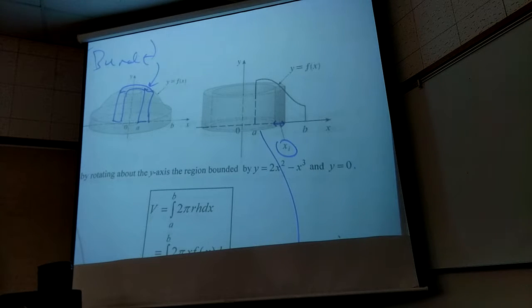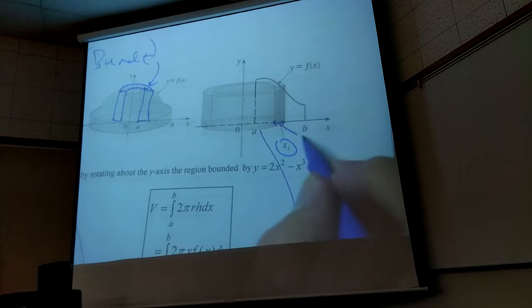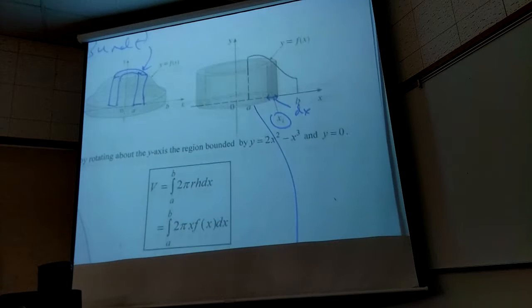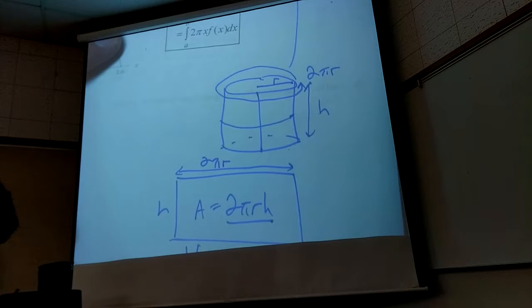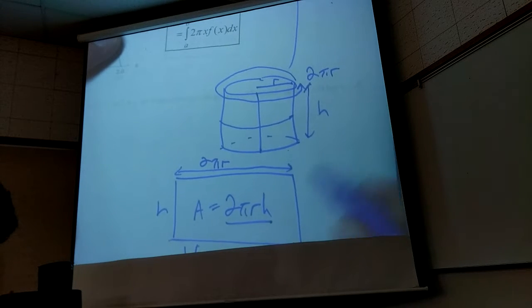It's not just paper thin, because you want this to hold up to whatever, so it's got a thickness to it. That's what makes it a volume I'm talking about. Well, how thick is that? What is that little arrow? How long is that? dx. So this is dx. So if I do 2 pi r h times dx, that is the volume of the shell.